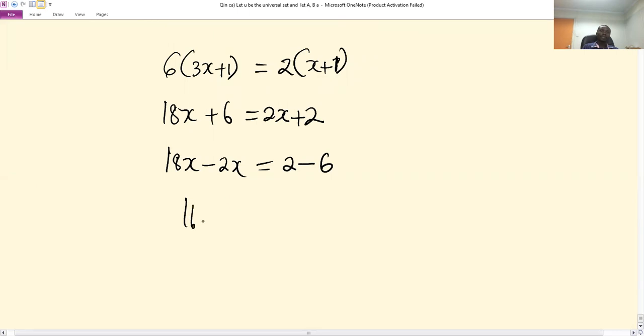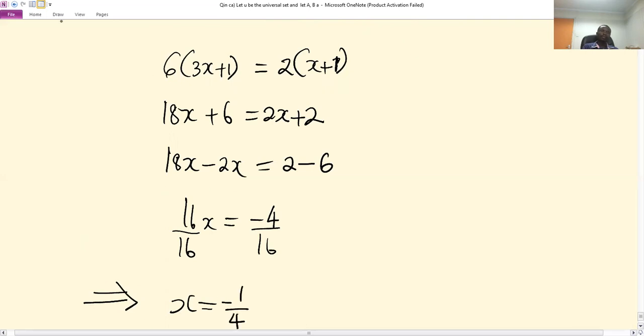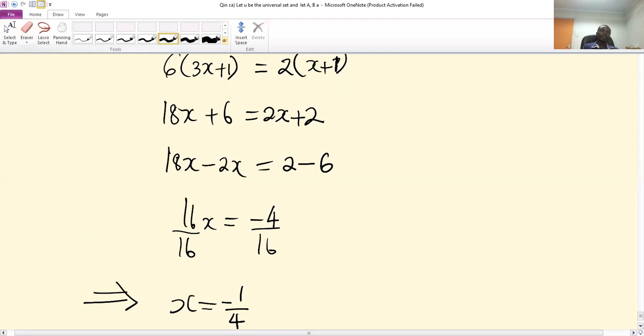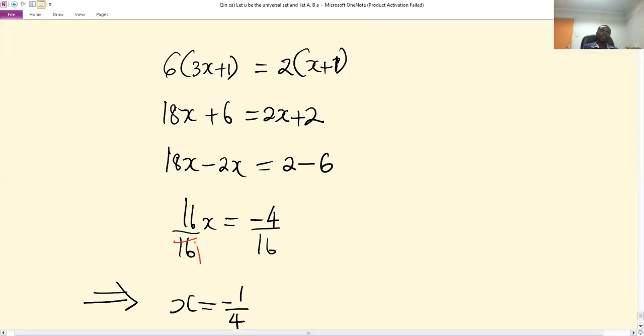So this will be 16x equals minus 4. So divide through by 16. x should be minus 1 over 4, because negative 1, then 4. So this becomes the solution.